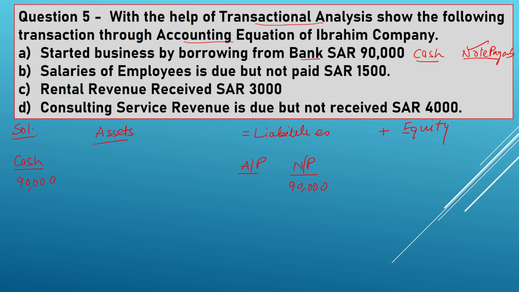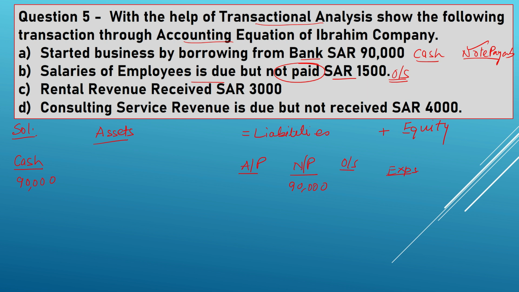The second item is salaries of employees due but not paid. So salaries is an expense. So come to the equity, write one item as expense. Okay, and it is not paid. It means the cash will not go out. So it has no relation with cash. So in this case, what will happen? Your liability will increase, and this liability will be called outstanding expenses. So I can make here one more item of the outstanding expenses under the liability.